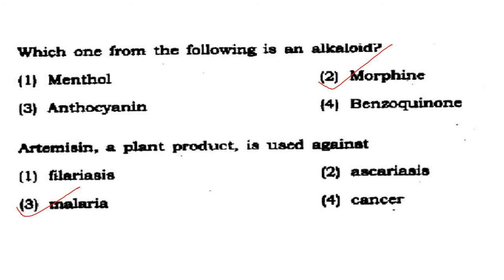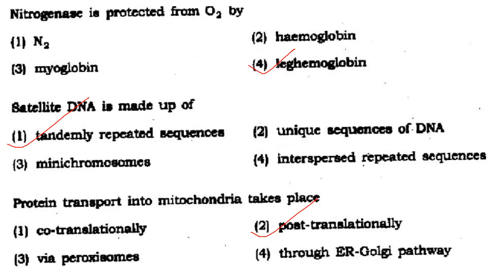Option 1 menthol, 2 morphine, 3 anthocyanin, and 4 benzoquinone. Answer is morphine. Artemisinin, a plant product, is used against option 1 filariasis, 2 ascariasis, 3 malaria, and 4 cancer. Answer is option 3 malaria.